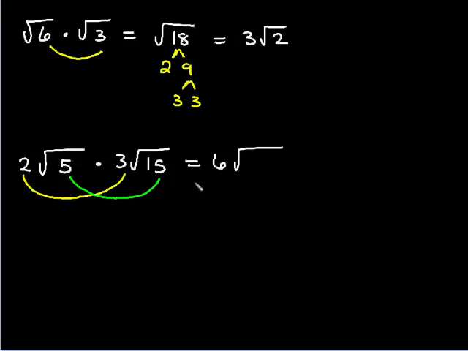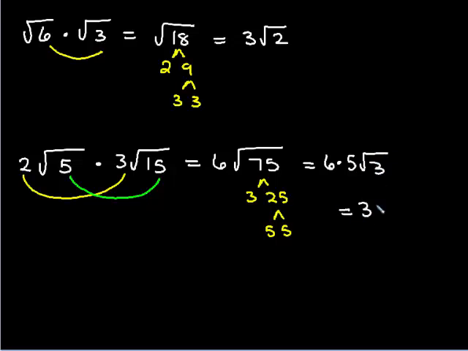And I'm going to get 6 times the square root of 75. Now we've simplified 75 in our last lesson, and that's going to be 5 times the square root of 3, but there's already this 6 out front. It does not go away. So my final answer on this would be 30 times the square root of 3.